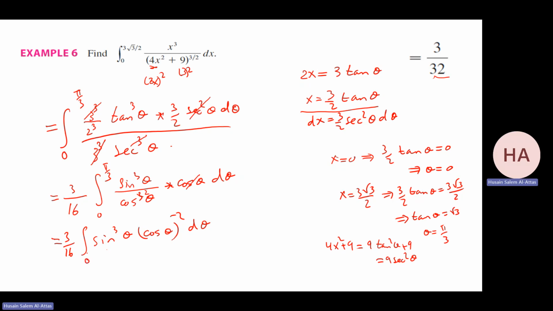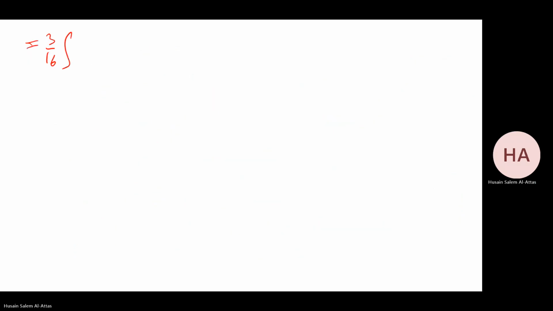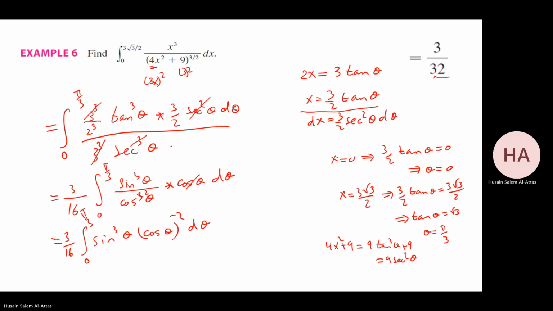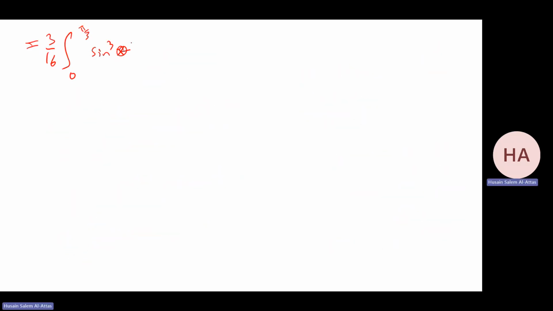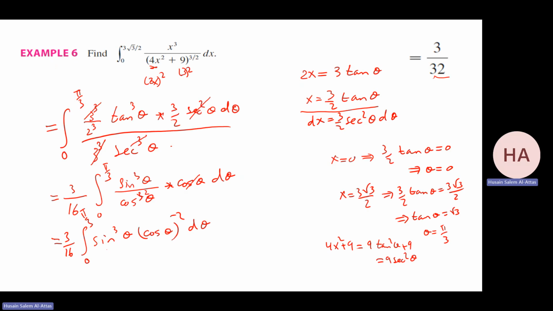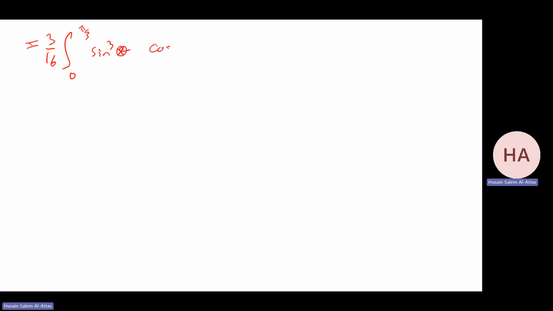So I have 3 over 16 integral from 0 to pi over 3 of sine cubed theta cosine minus 2 theta d theta.